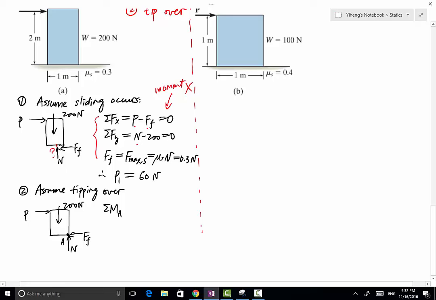But because we are assuming tipping over is going to occur, we do know the normal force must be at the corner. With that specified location, we can sum the moments about point A. Normal force and frictional force do not have moment about point A. Therefore, that only has the 200 Newton force multiplied by half of this distance, 1 meter, which is 0.5 meter.